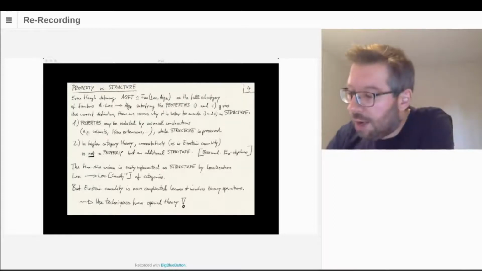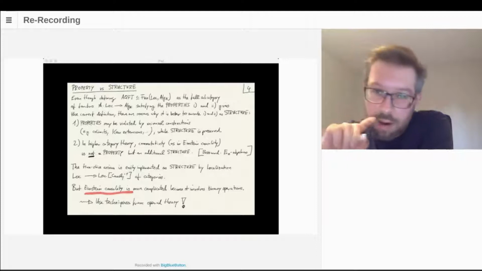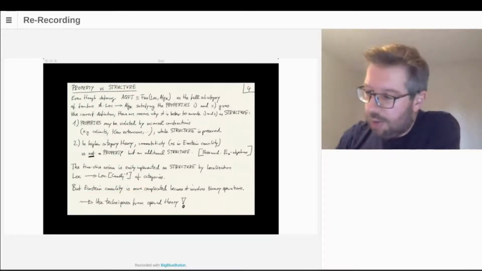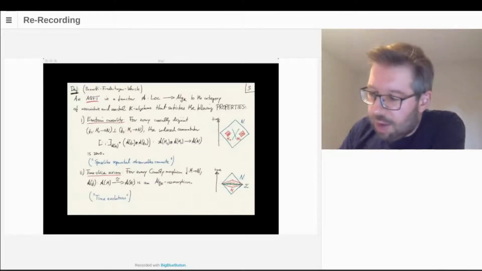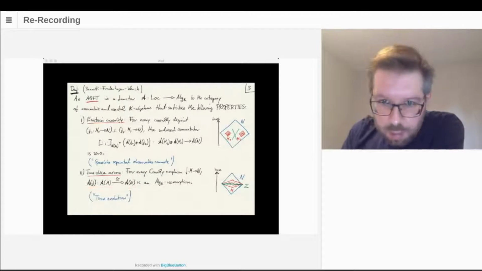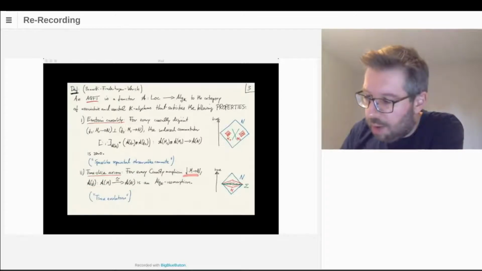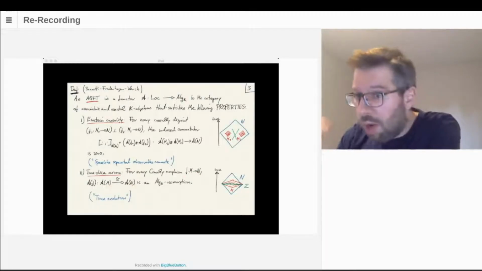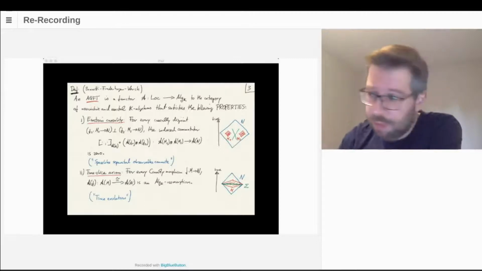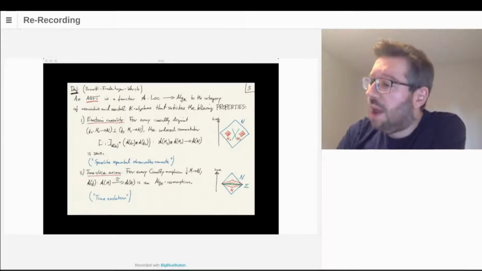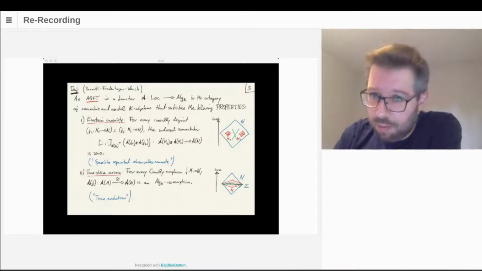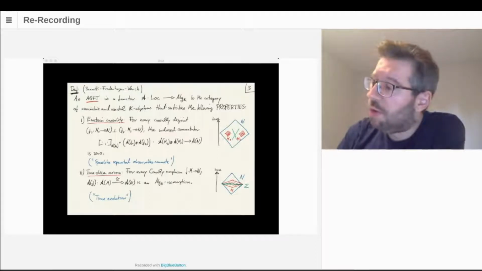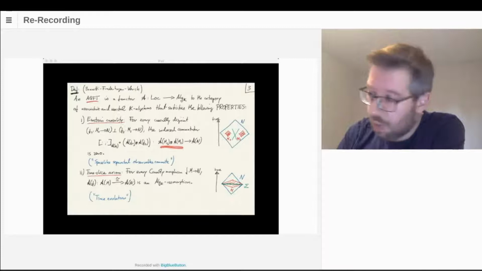Now the Einstein causality axiom is more complicated. Why is that so? In contrast to the time slice axiom, which is about a single morphism, a morphism that defines a map from A of M to A of N, so it's a one input, one output condition, for the Einstein causality property it's a bit different, because here there are 2 inputs and 1 output.